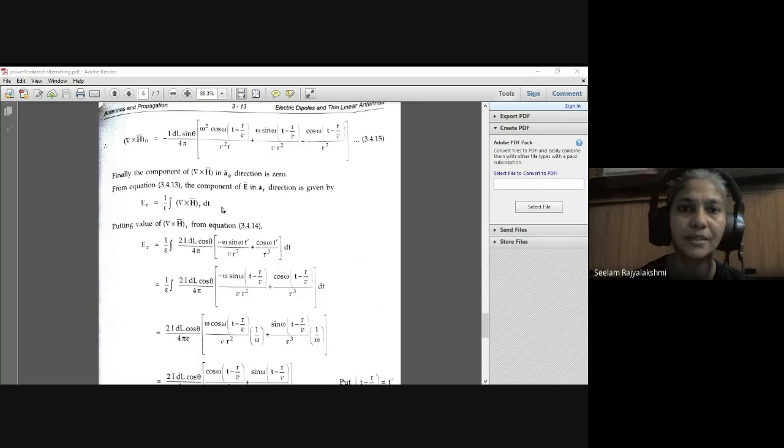From equation number 13, the component of E in the r direction is given by E r equals 1 by epsilon integration of del cross H r into dt.